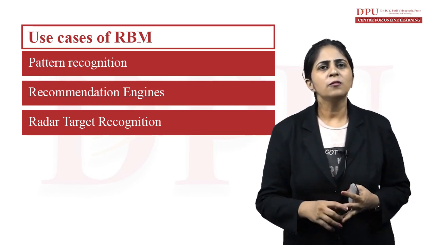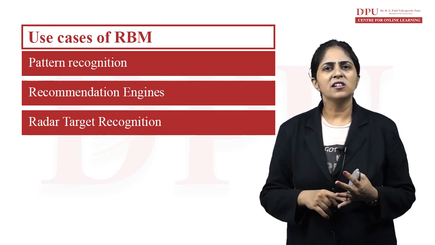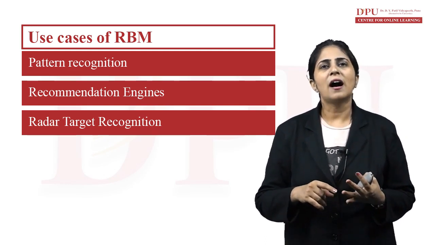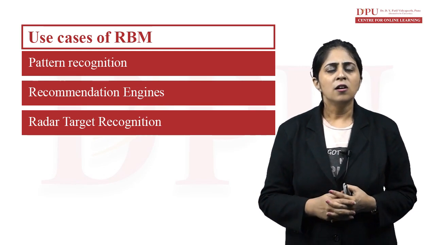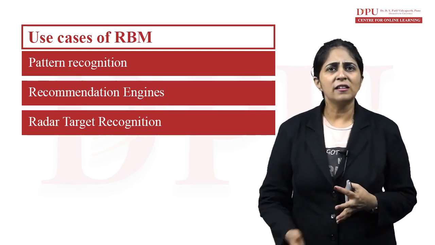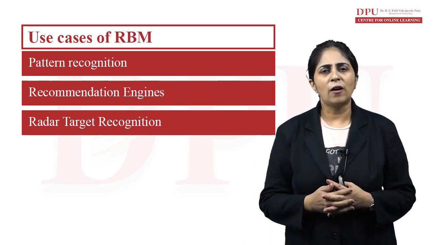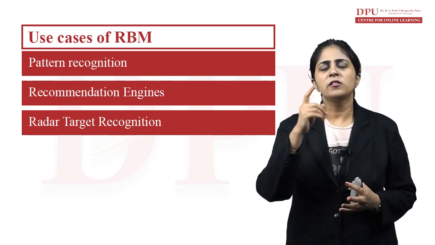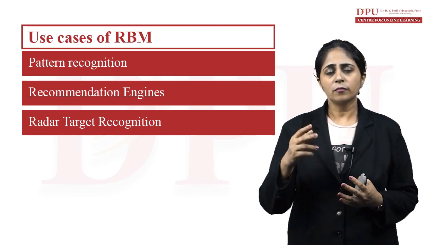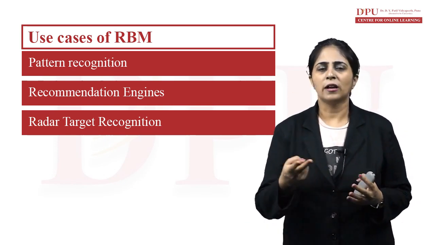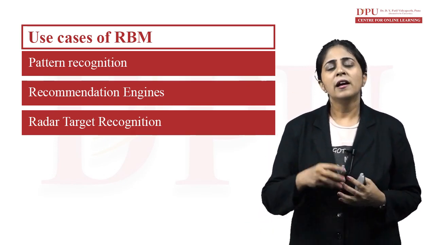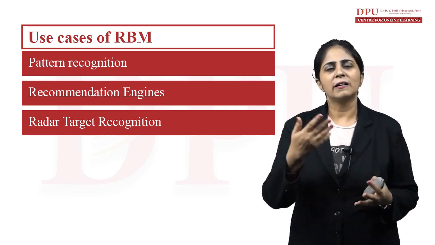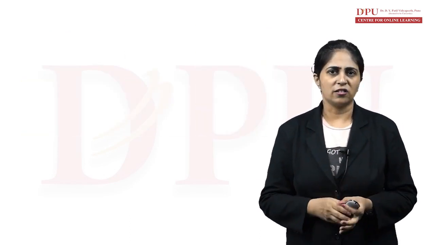In that case, for radar target recognition, we can definitely use our restrictive Boltzmann machine. There are many more use cases of RBM. For now, we have discussed that it can be used in pattern recognition, in the recommendation engine, and in radar target recognition.